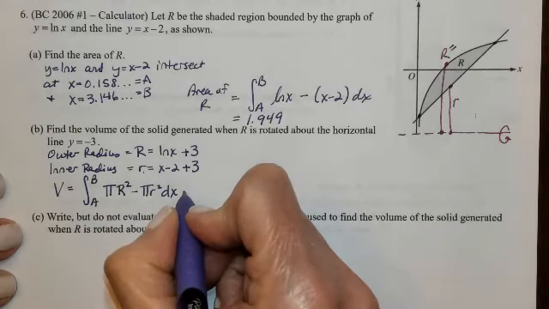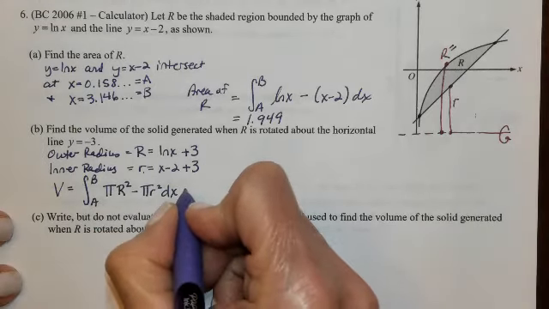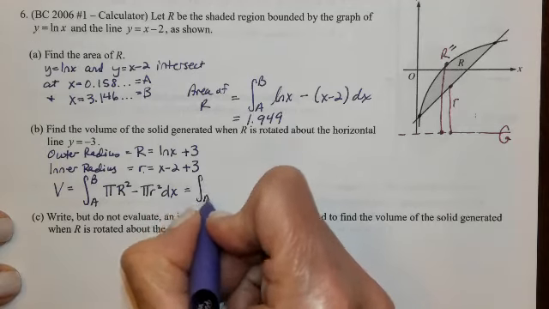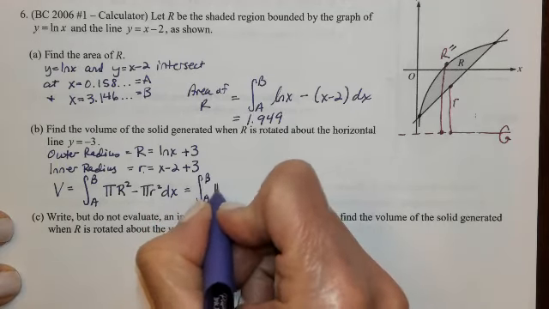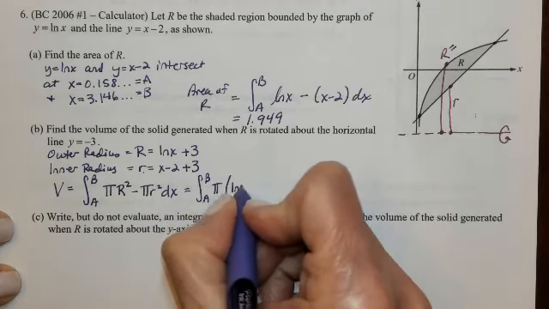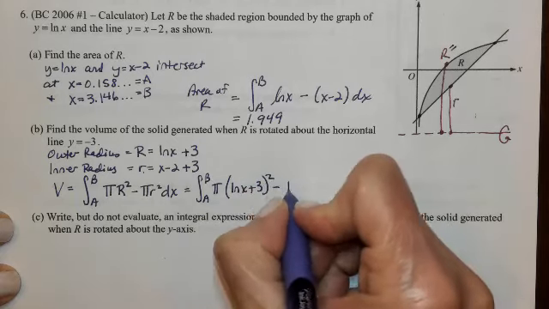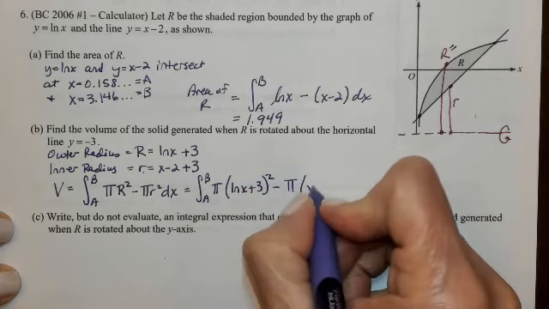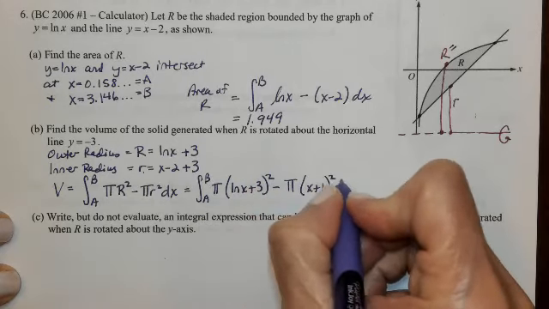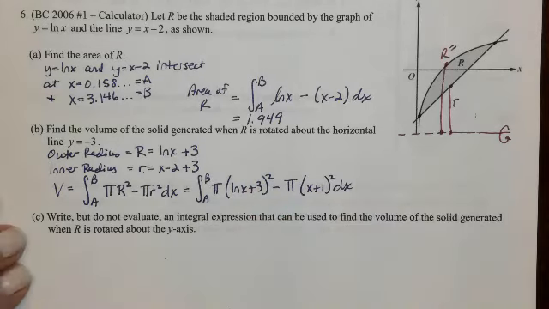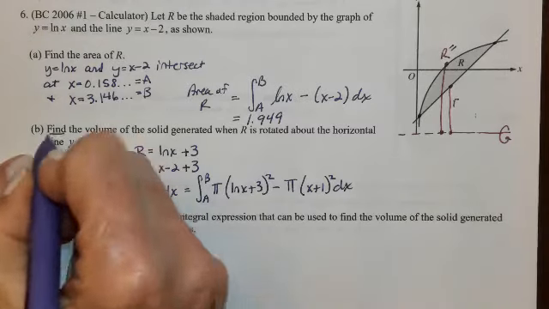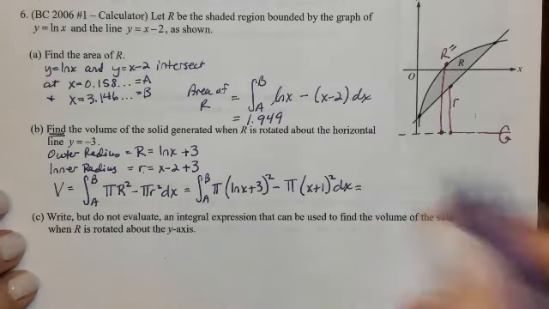If you want to, for clarity's sake, you can put that in there, but really we don't have to. This is pi times ln x plus 3 squared minus pi times x plus 1 squared dx. And now we need to go ahead and get a decimal.